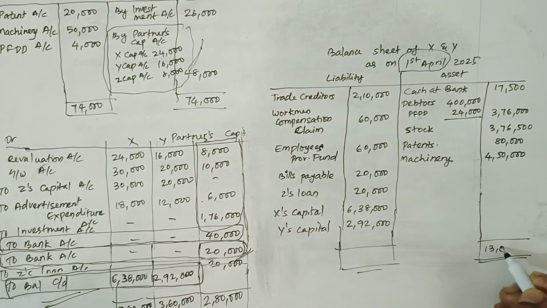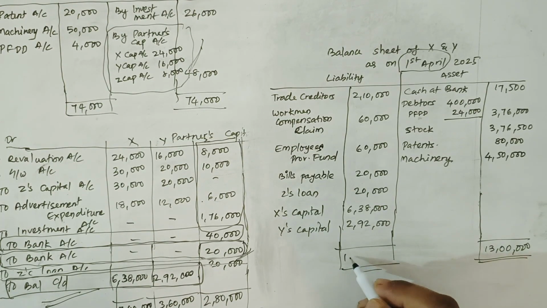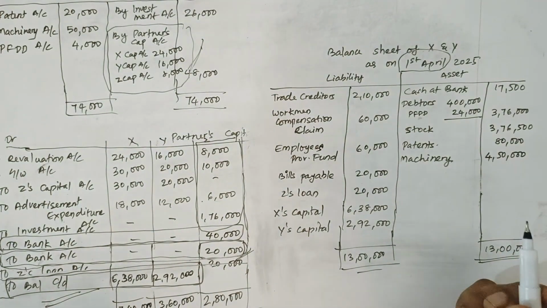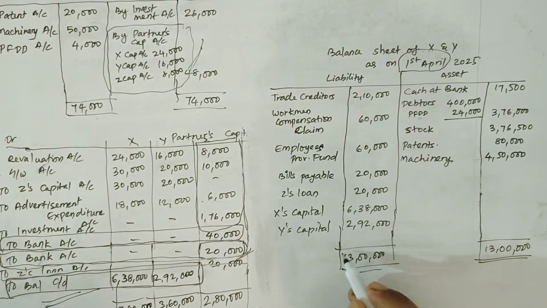If the liability side and asset side are not balanced, it means something you have done is wrong. Okay, both the sides will be 13 lakh. That's all.